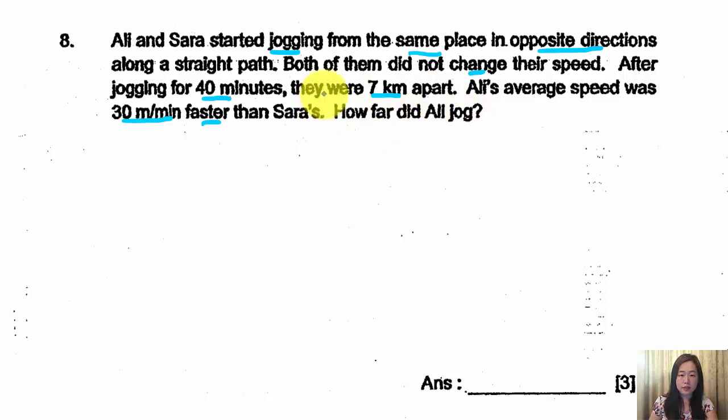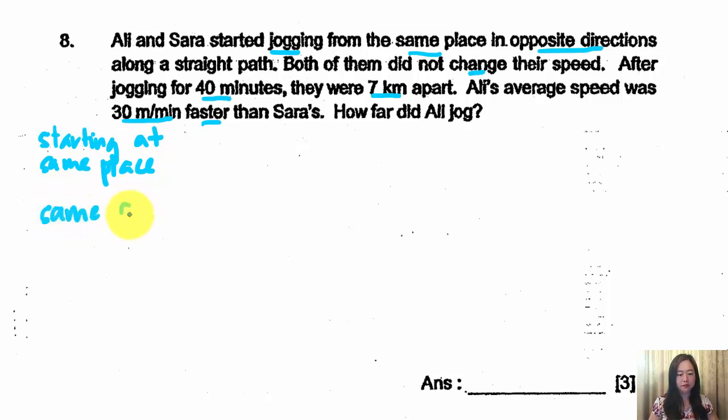So let's identify the concepts that are here. Number 1, they run from the same place, starting at the same place, and also starting at the same time, same starting time.